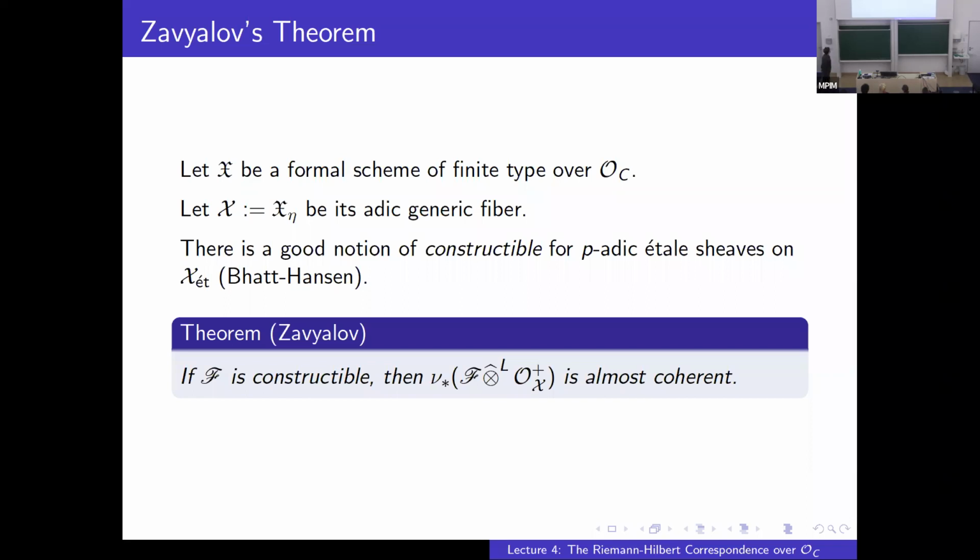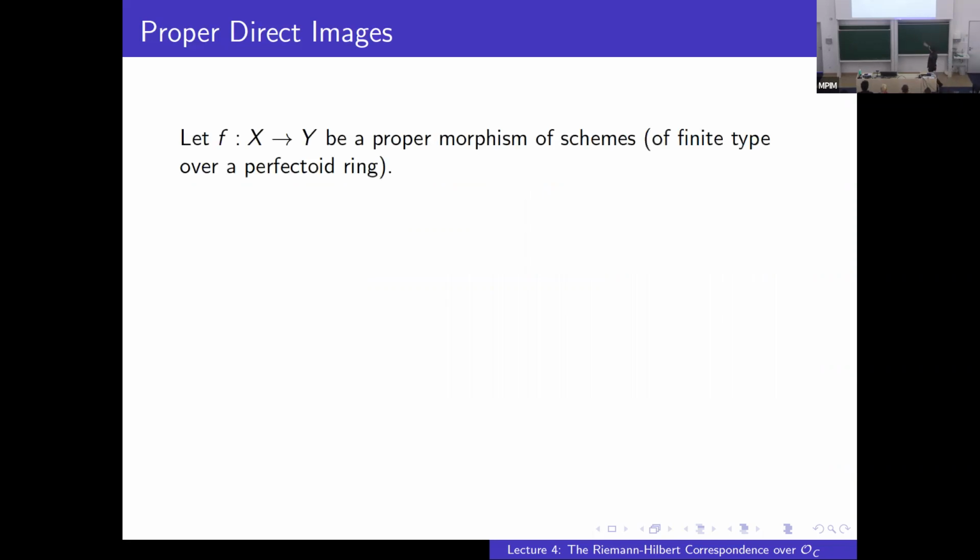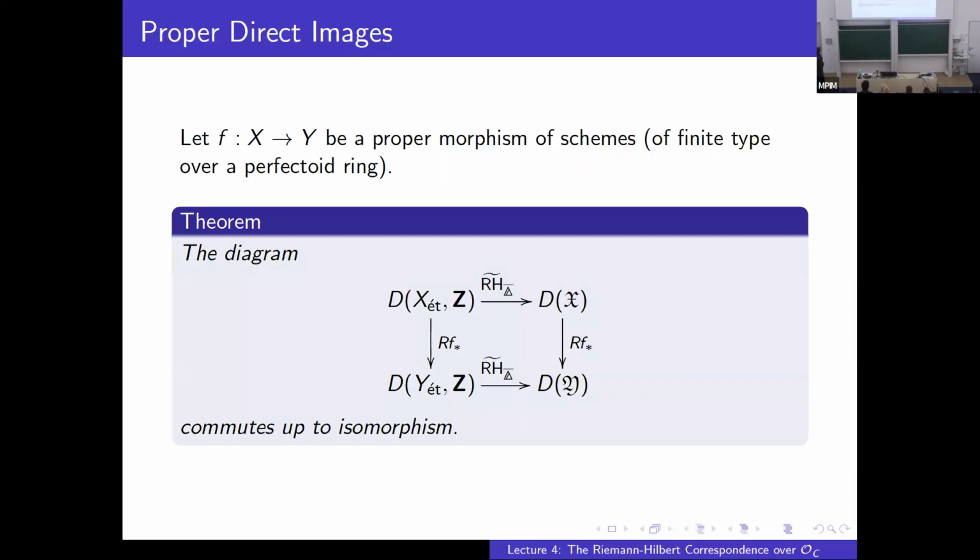Okay, so let me describe a consequence of this. Here's a non-trivial consequence of this. So now let's say I give you a proper morphism of schemes, finite type over a perfectoid ring, so that this RH functor is well defined. Then there's a diagram that you could write down.